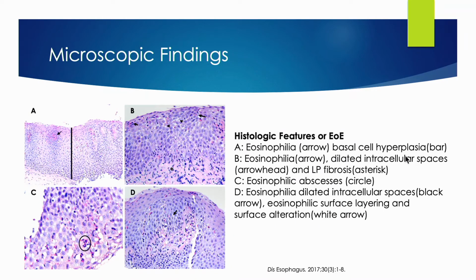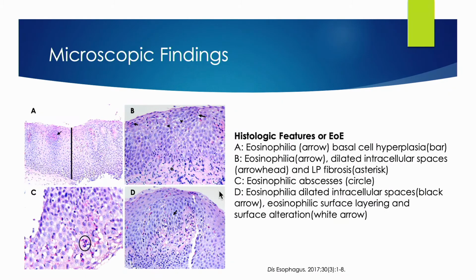And this includes basal cell hyperplasia, which you could see here by the bar, dilated intracellular spaces, lamina propria fibrosis, clusters of eosinophils that we call eosinophilic abscesses, and eosinophil surface layering.